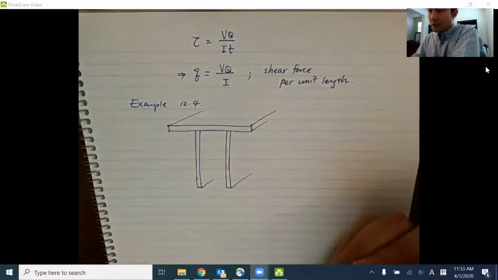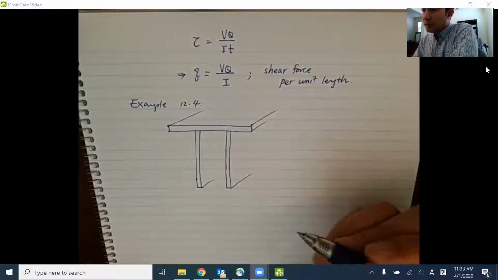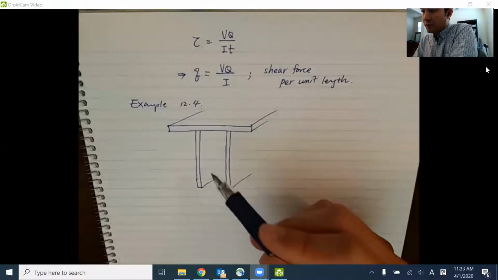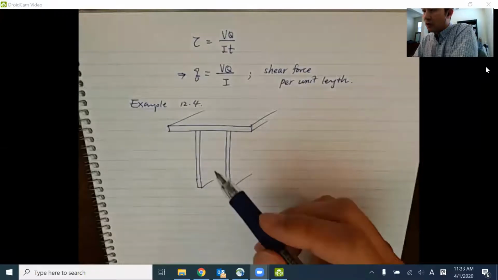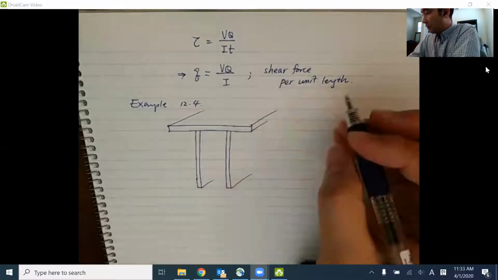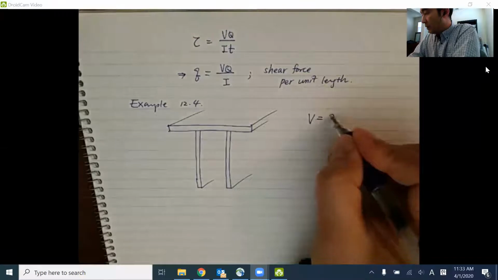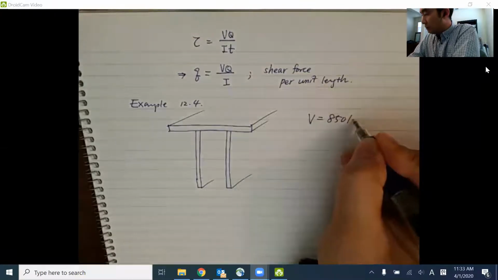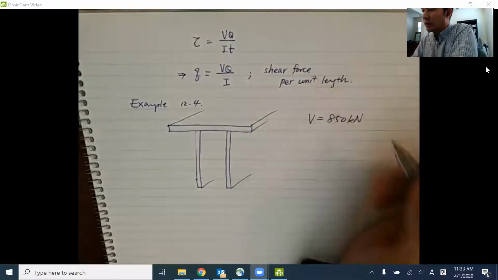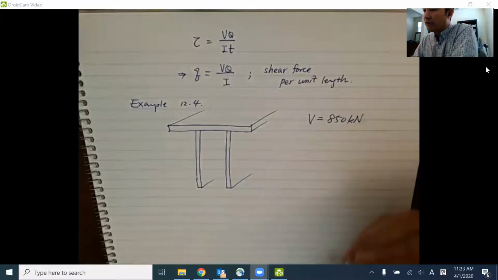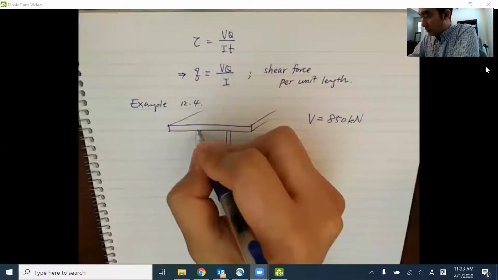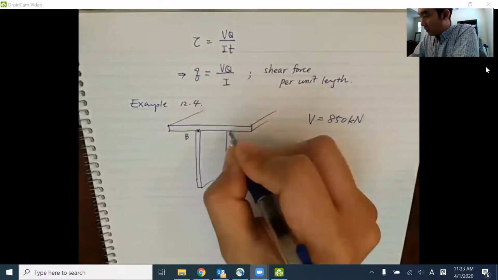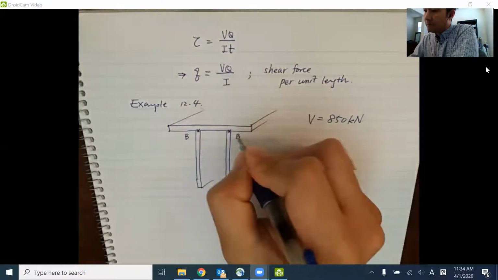Okay, so this beam is constructed from 3 boards glued together, and it is subjected to a shear force of 850 kilonewton. This is also an SI unit. Then we'd like to determine the shear flow at these 2 points. So this is point B, this is B prime.